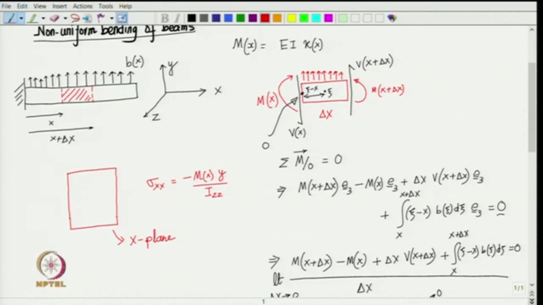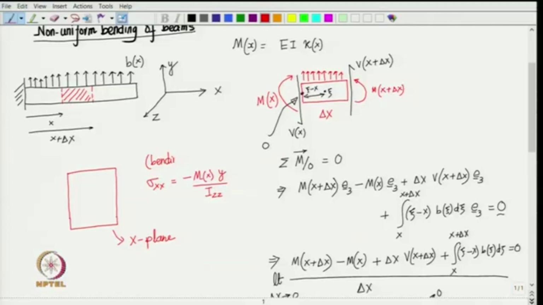So, this is something that we derived in the last class. This is the bending stress, the normal stress sigma xx, it is also sometimes called bending stress. But will this all be there, or will there be some more traction components?